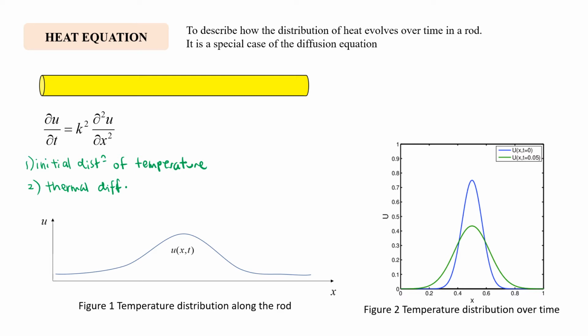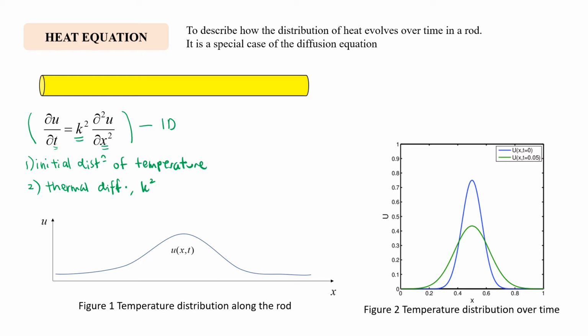This thermal diffusivity is represented as k squared. This is a one-dimensional heat equation because it involves one spatial dimension, which is x, whereas t represents time.